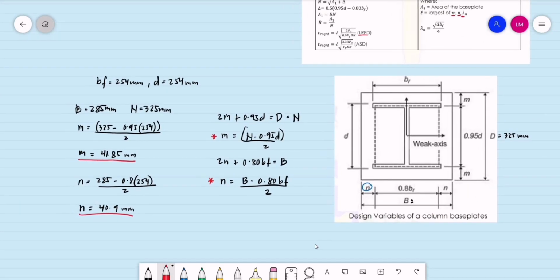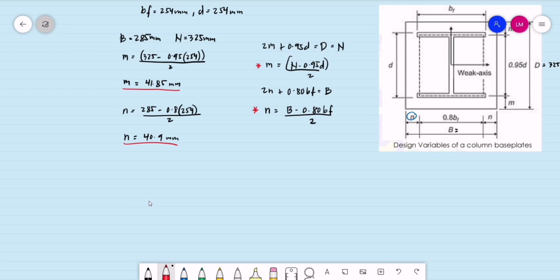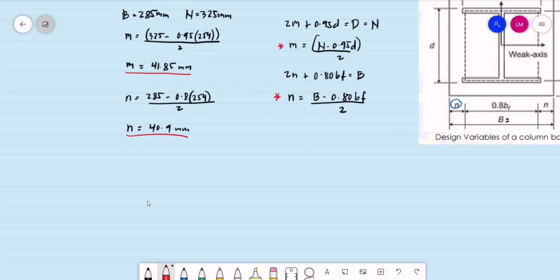Then the value of the lambda sub N. So we have a given formula: lambda sub N is equal to the square root of D times B sub F divided by 4.